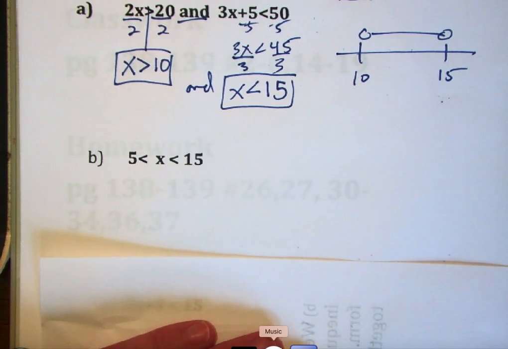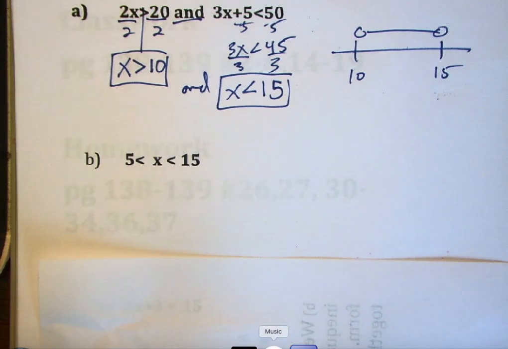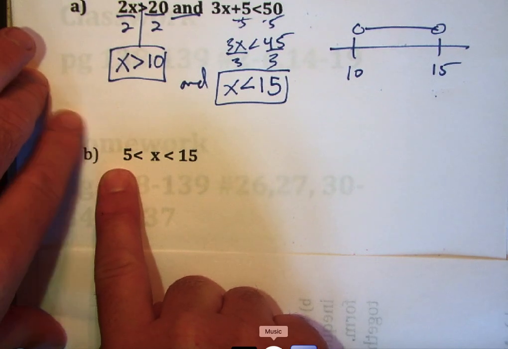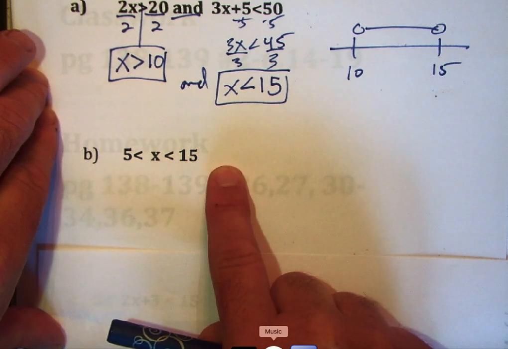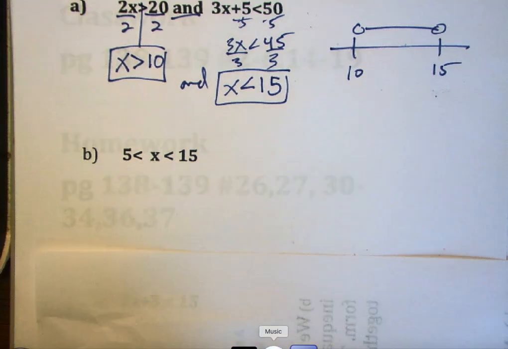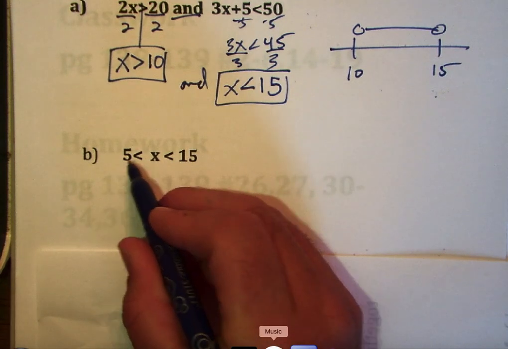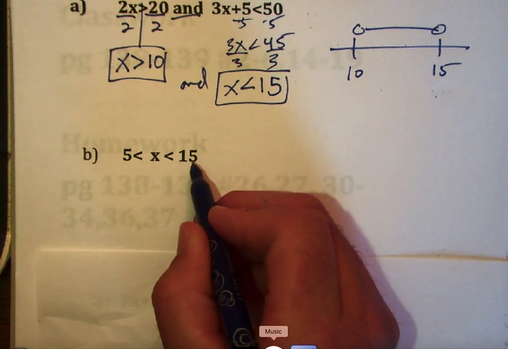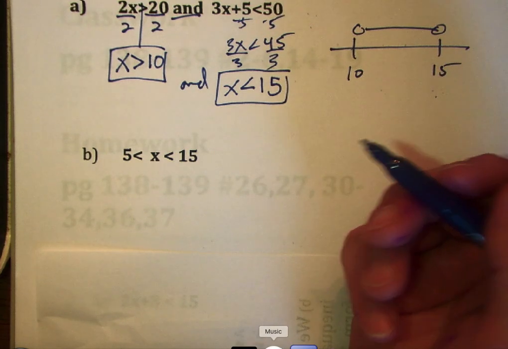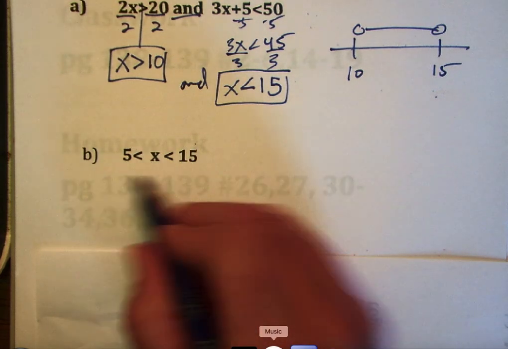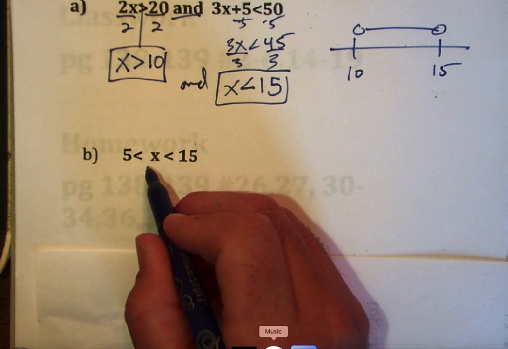So we're going to solve this inequality. Well, this is an and without the word and. So what are all the numbers that work here? 5 is less than x and x is less than 15. So what numbers can we put in here that make this true? Does 10 work? Does 20?